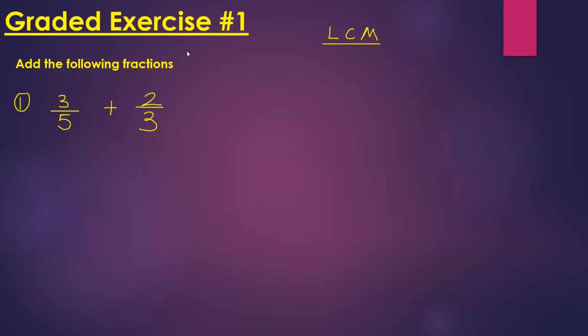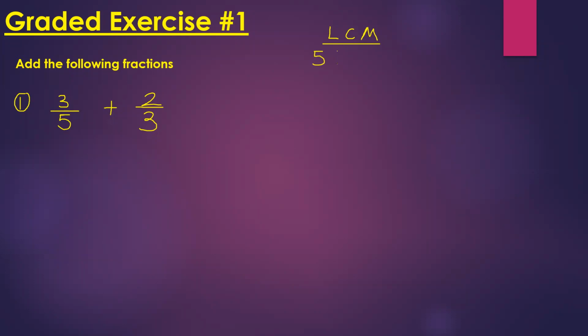You can't be finding factors. So what's the first thing we're gonna do, Alasia? Alasia, I'm speaking to you. Find the multiples of 5 and 3. Thank you. Find the multiples of 5 and 3.